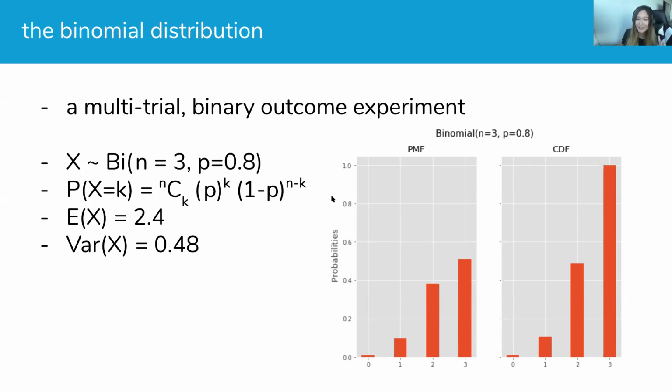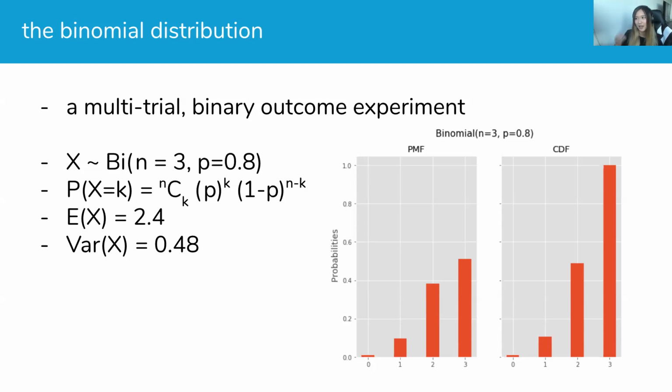This second line looks very intense, but it's the formula for the PMF of a binomial distribution. In this case, we are working with a binomial distribution that has 3 separate trials, each trial having a 0.8 chance of success. Let's say you're shooting basketballs and you have a 0.8 chance of making it.